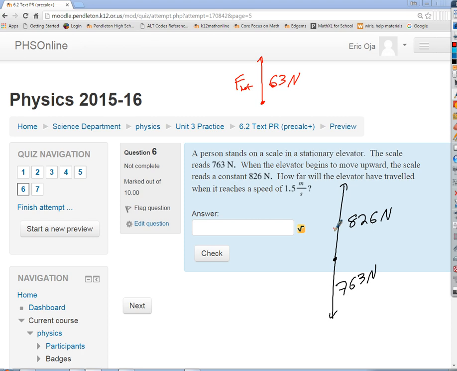Okay, so if I know my mass, can't I calculate the acceleration? Because isn't that just equal to ma? And if I know what a is, all I'm really trying to do is find a final velocity, right? What's my initial velocity? 0, yeah, it started at rest. So it's just kinematics again, right? And you guys are great at kinematics. You have lots of practice with that.